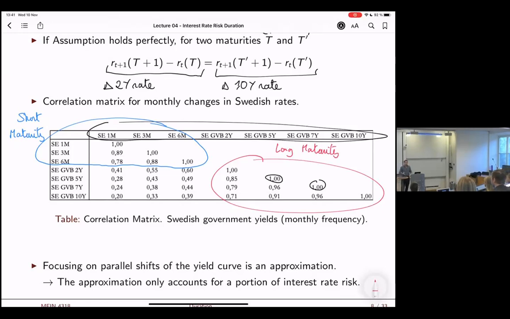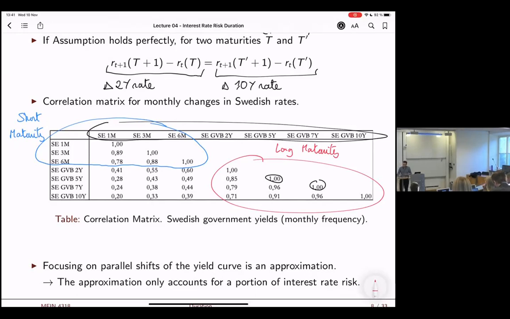Well, the correlations are not one, of course, we don't expect to find exactly one, but they are pretty close to one, right? So, it doesn't work perfectly to the extent that the short-term rates do not seem to be super correlated with the long-term rates, although the correlation is positive. But at least, if you look at maturities that are pretty close, you have this correlation.